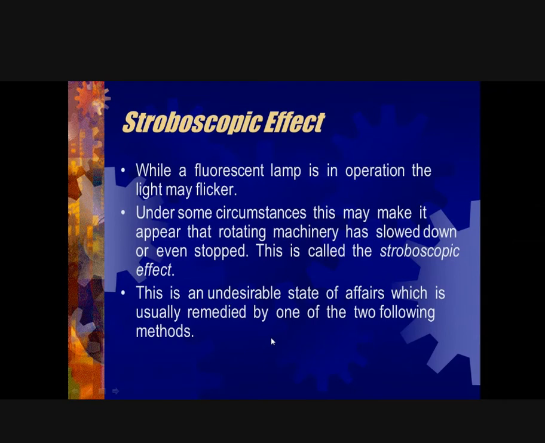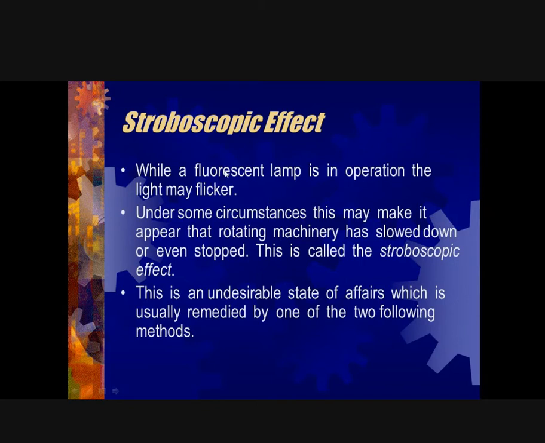Now, if we are talking about fluorescent lamps, in most facilities now, or most workshops or shop floors, a lot of the bulbs are not changed out, so we're talking about fluorescent tubes. And if we are talking about fluorescent tubes, we have to discuss the stroboscopic effect. What is this?